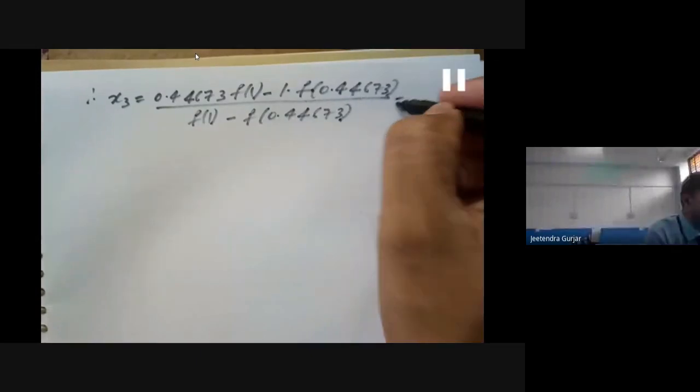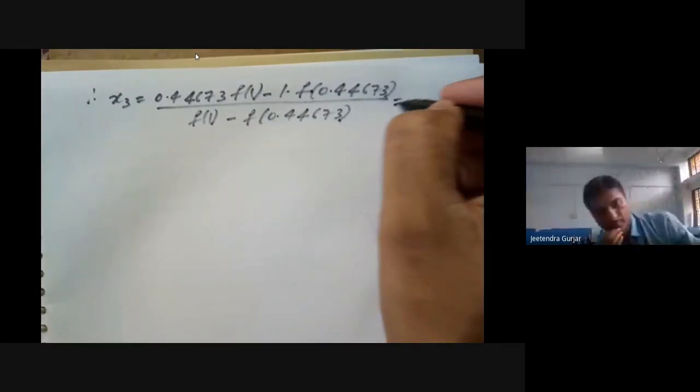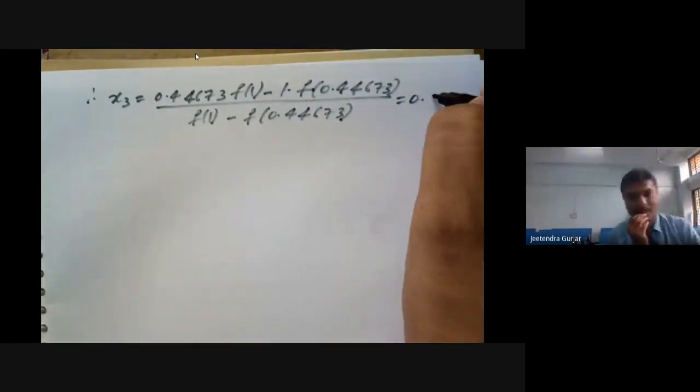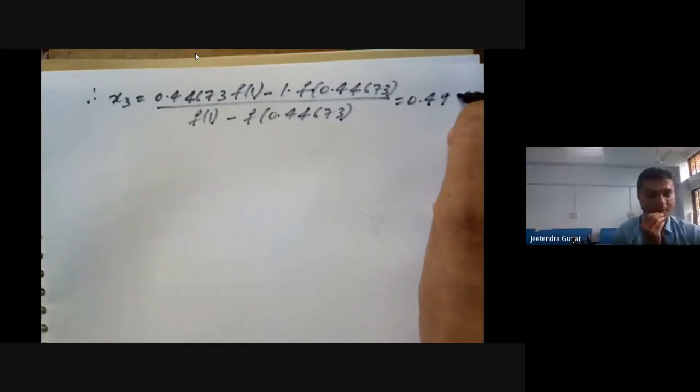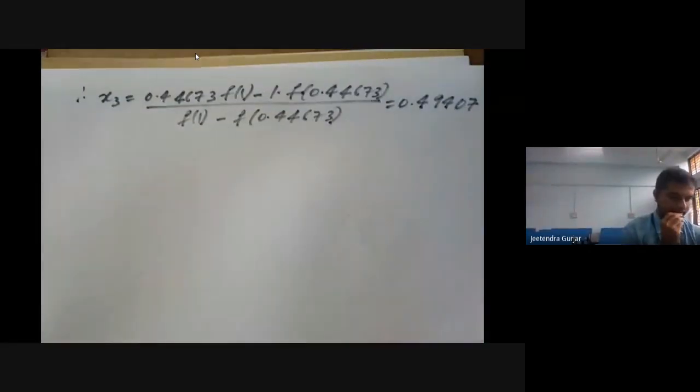Yes. What is the value now? Substitute in the calculator. All of them have solved. Okay, genius. All are genius. So this is equal to 0.49407.